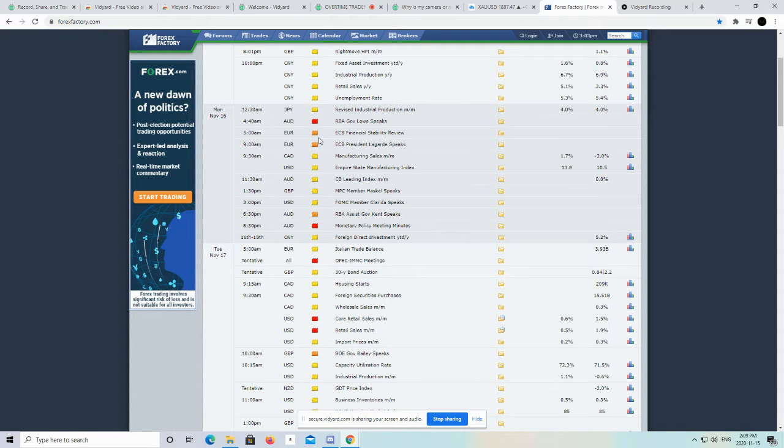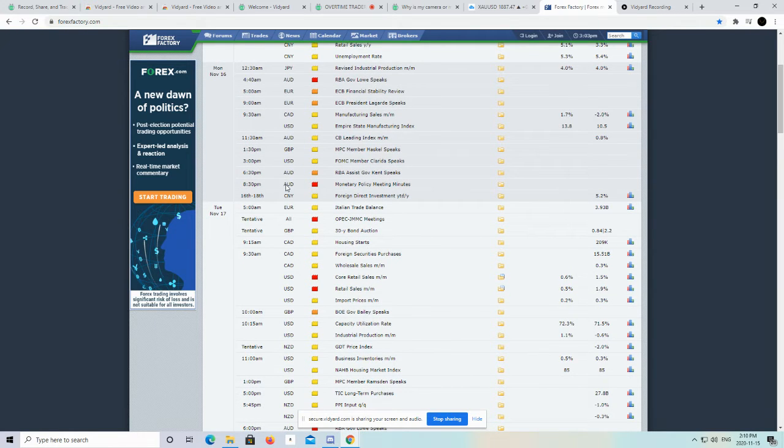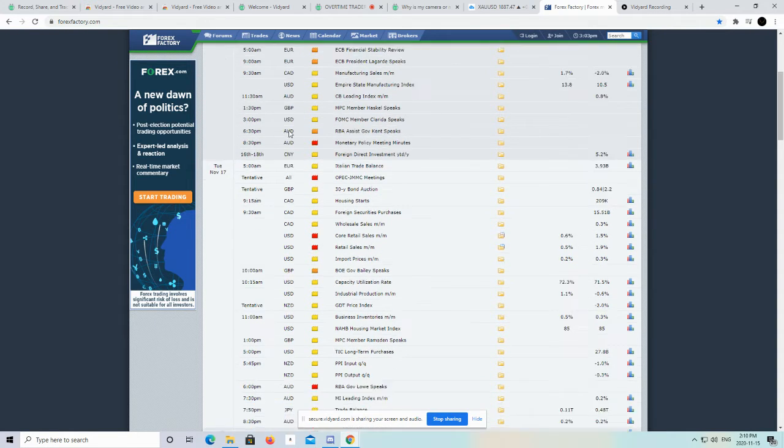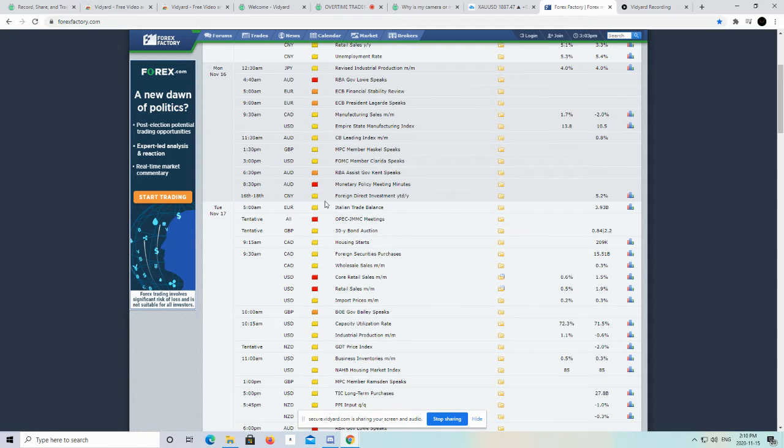I only trade probably about three pairs, so I'll take a look at those and the impact, what the government says, and what the forecast turns out to be. And so again, we got another Aussie folder here, and that's a monetary policy meeting minutes.